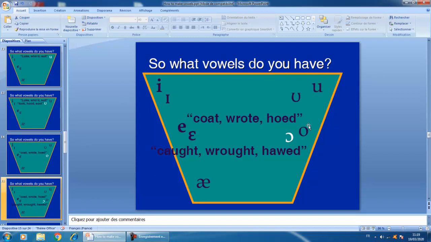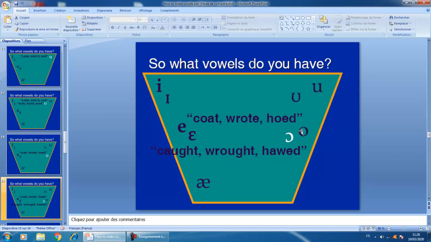Another couple of vowels that are also back, this one here and this one in here. This one is pronounced O, as in coat, wrote, hold. This one is O, as in caught, wrote, hold.